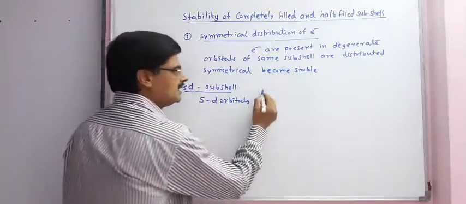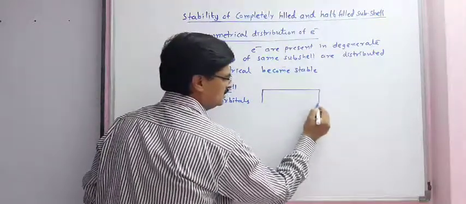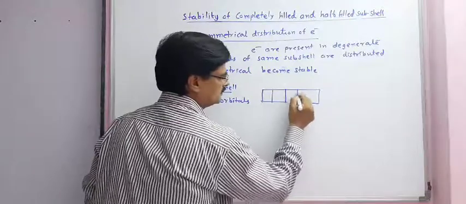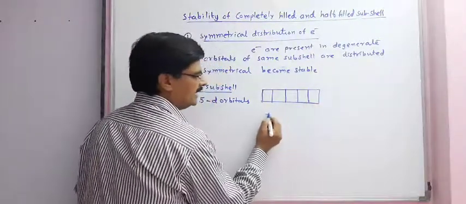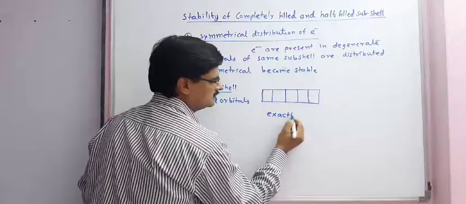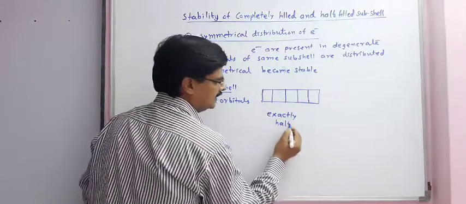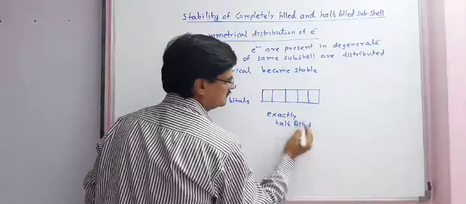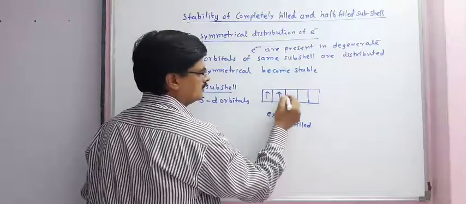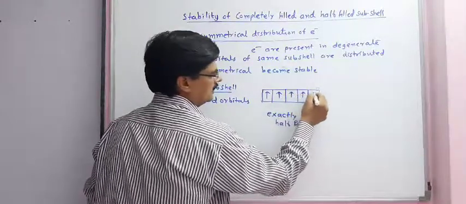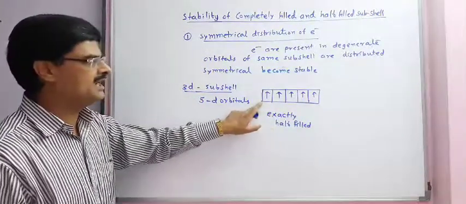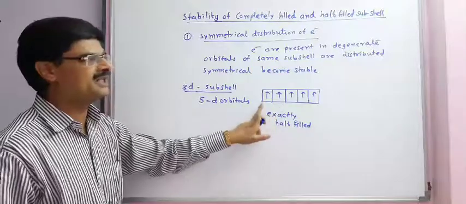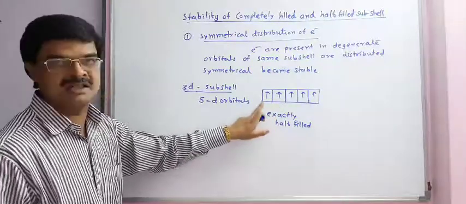Now we see the symmetrical distribution of 5 electrons, which is exactly half filled. Here we can see that all the electrons in the 3d orbitals are symmetrically distributed. That is why it is stable.